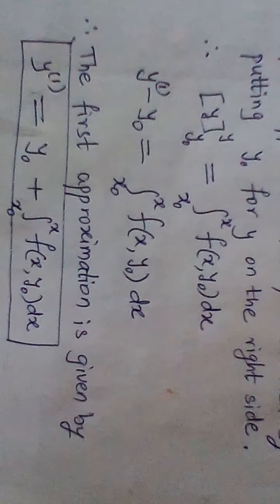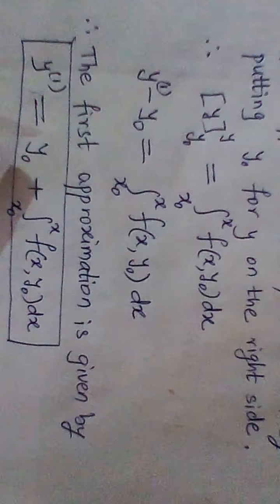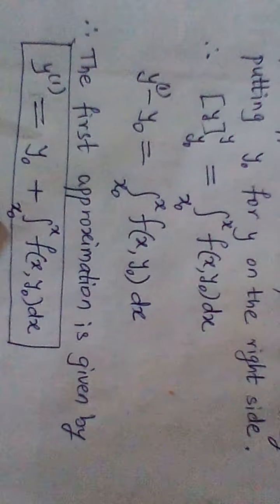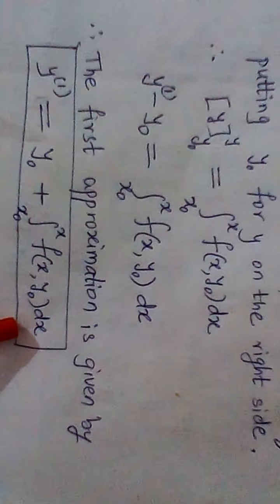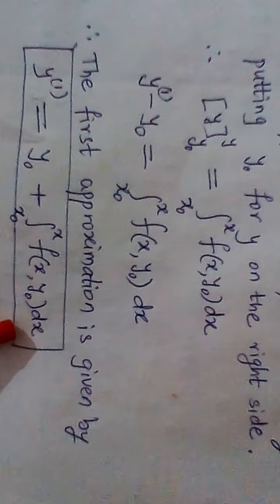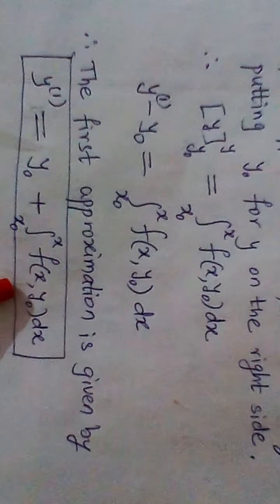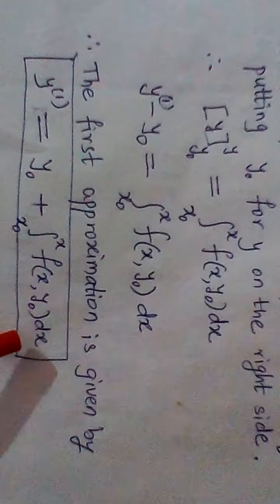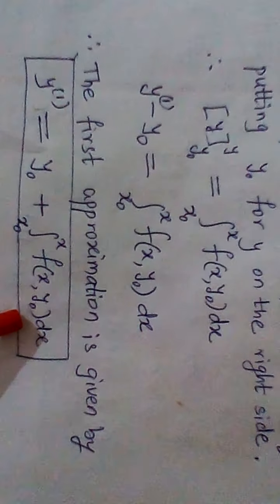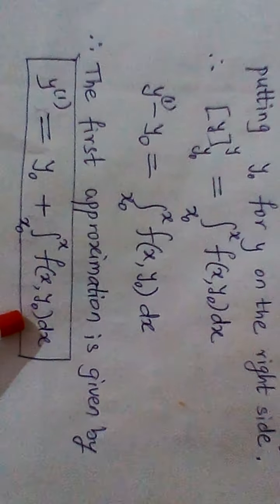So the formula we get is y1 equal to y naught plus integration from x naught to x f of x comma y naught dx. What you observe here is this f contains variable x only. In place of y, we are putting its initial value y naught. So it's a constant.